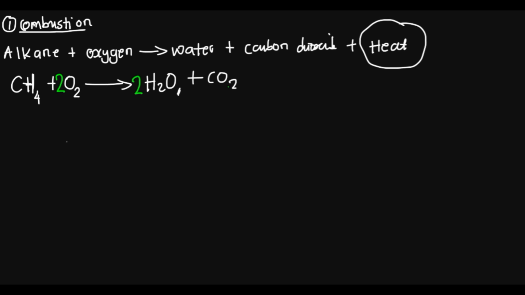So even the other alkane molecules like ethyl propane undergo combustion to produce the same products. Then the other chemical property that alkanes can undergo is cracking. Now, what is cracking? Cracking is just the process of breaking down more complex molecules into simpler molecules.